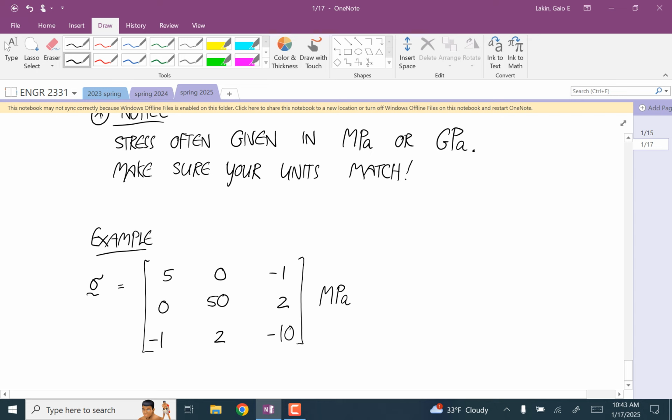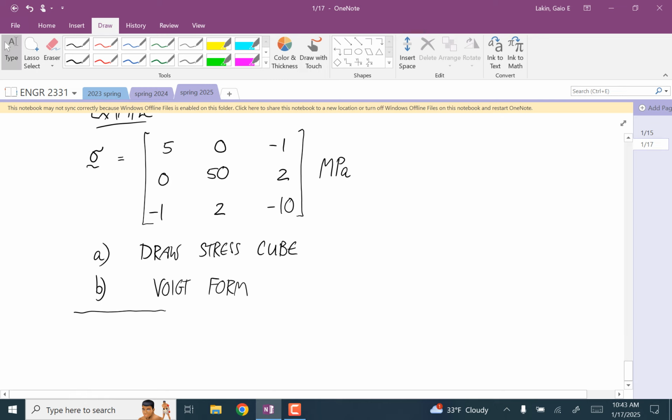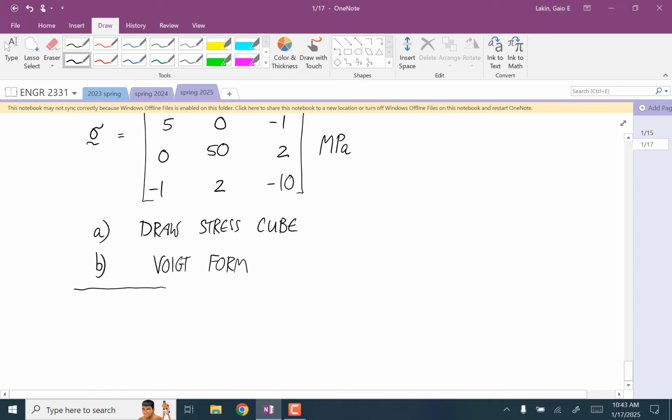So to get this in SI units, this would be 5 times 10 to the 6, -1 times 10 to the 6, and so on, okay? And A, we want to draw the stress cube. And B, we want to give the Voigt form. Okay, so the stress cube.